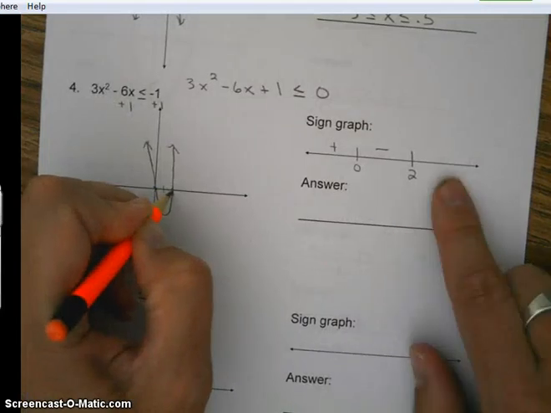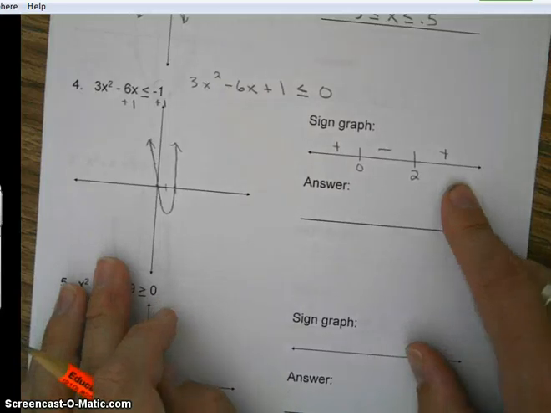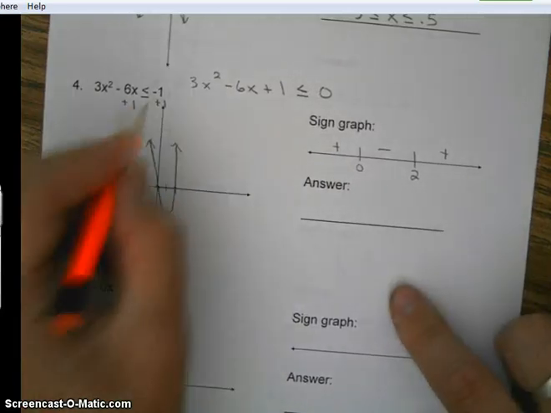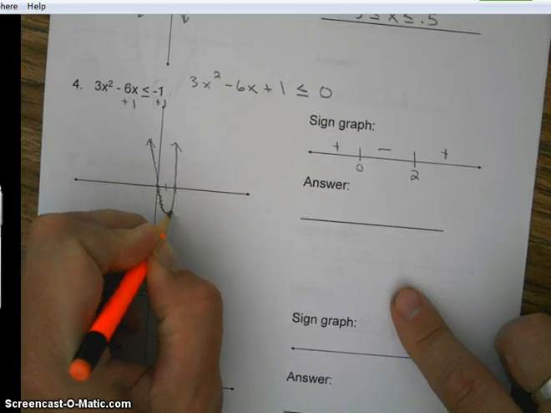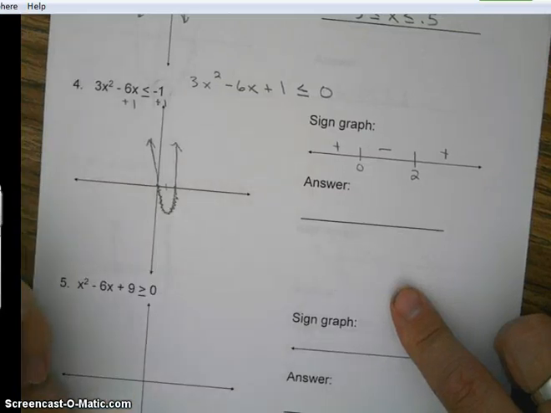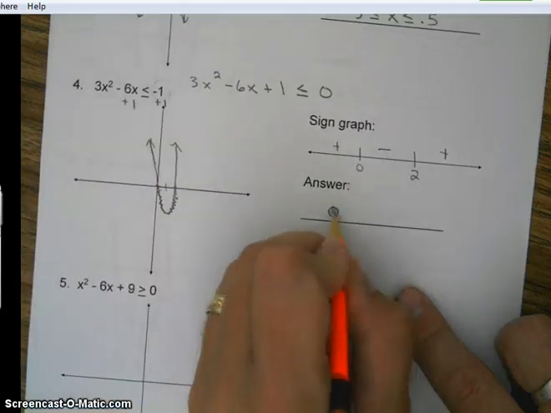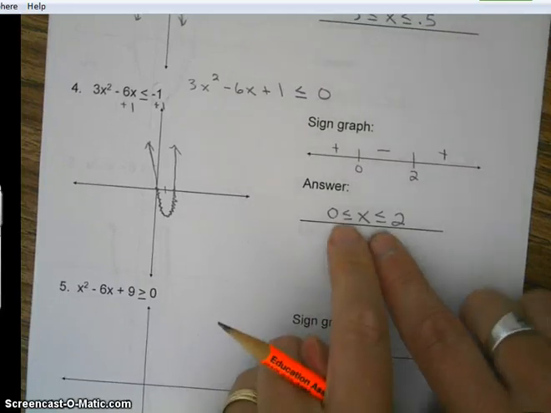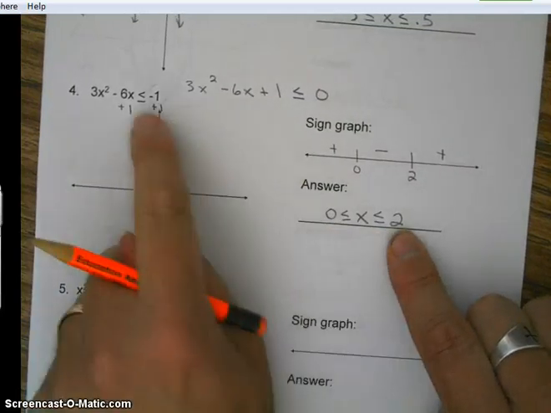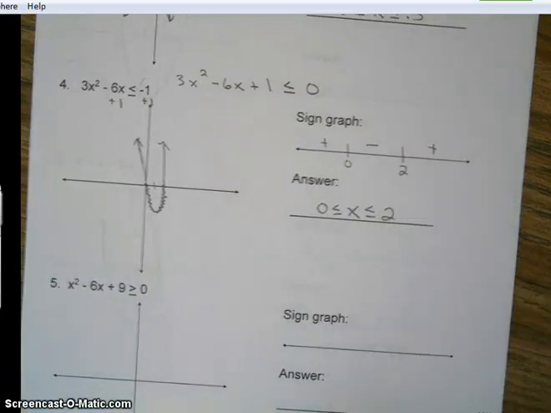And to the right of 2 we have positive values. Now it's less than, so we're going to shade below. Our solution is going to be from 0 to 2, including 0 and 2, because of the equal sign. Not too bad, huh?